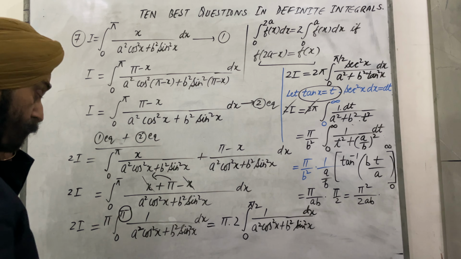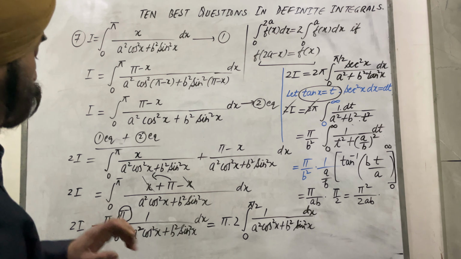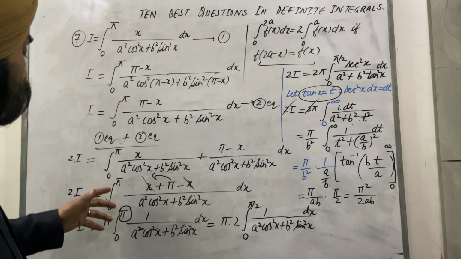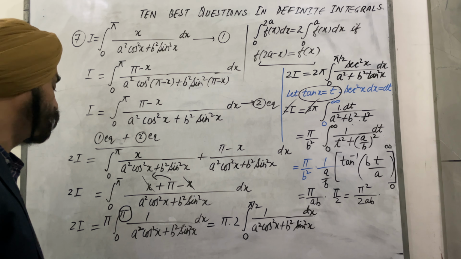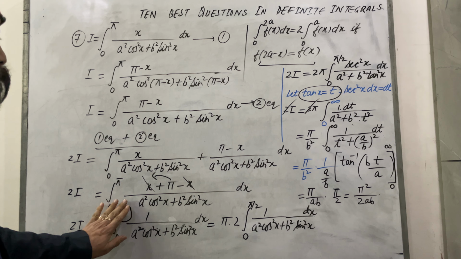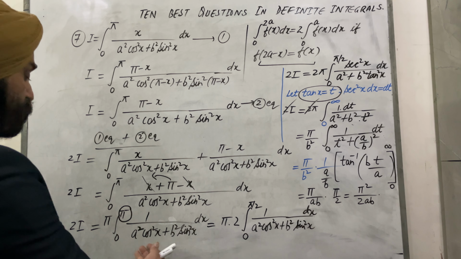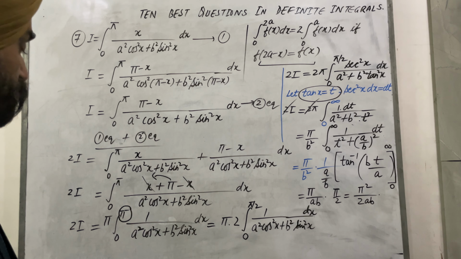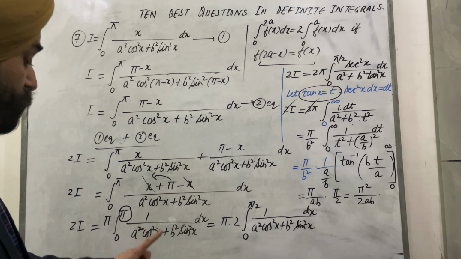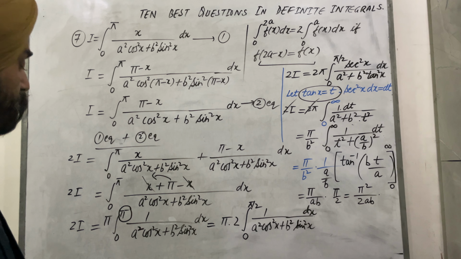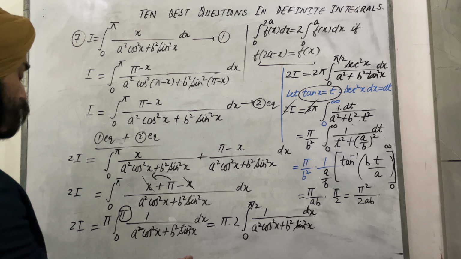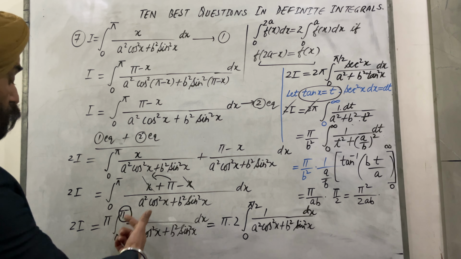Now, the most important thing you should take care of is when we deal with the same sum but within indefinite integration, not definite, the normal tendency of solving this question is to divide numerator as well as denominator by cos square x. But in this case, note it very carefully that we cannot do that. Why? Because cos is something which assumes the value 0 between 0 and pi.